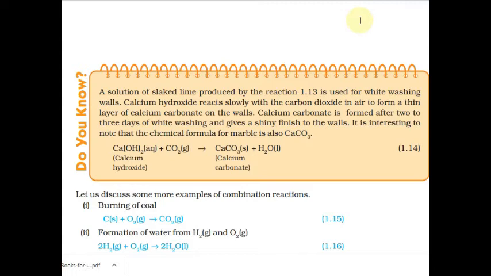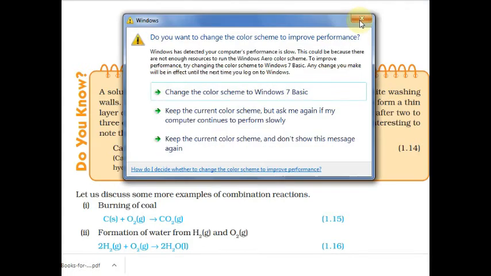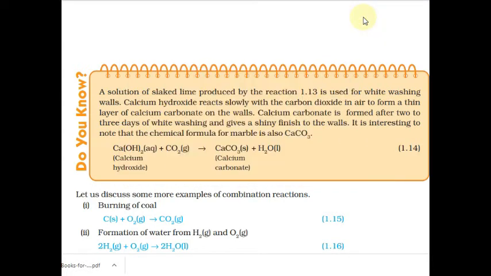Calcium carbonate is formed after 2 to 3 days of whitewashing and gives a shiny finish to the walls. It is interesting to note that the chemical formula of marble is also CaCO3.